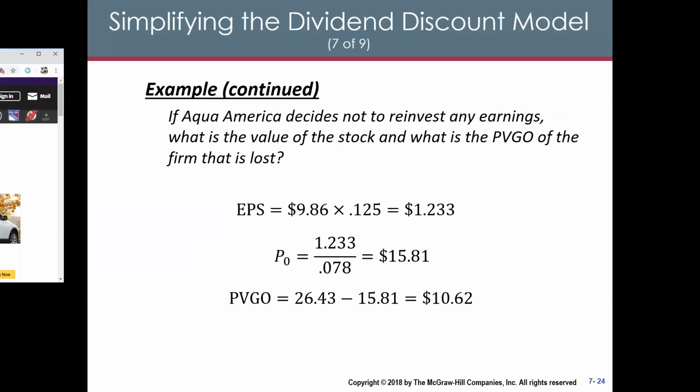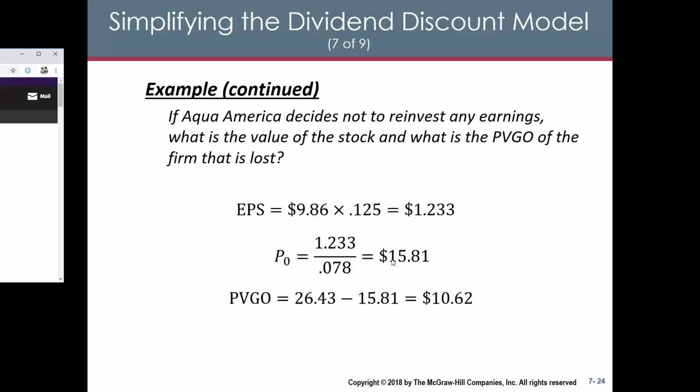So the dividends is equal to the EPS, equals to the 1.233, and the discount rate is R, which is 7.8%, and there is no growth rate. The growth rate is zero. So the P0 here is just 1.233 divided by the 7.8%. So the present value of the stock price today should be 15.81.